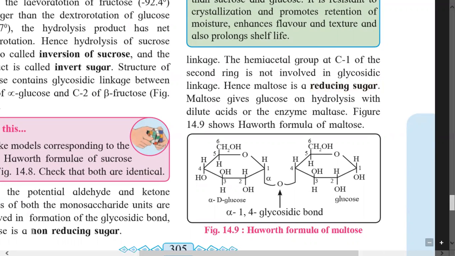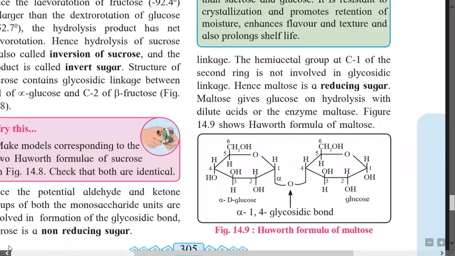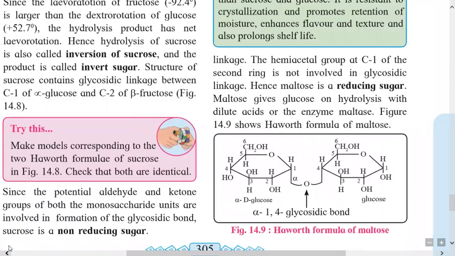We had studied sucrose is a non-reducing sugar, and here maltose is a reducing sugar because the hemiacetal group at C1 carbon of the second ring is not involved. This is the second ring. This is the OH group at carbon 1, which is not involved in the glycosidic linkage. Hence, maltose is called a reducing sugar.